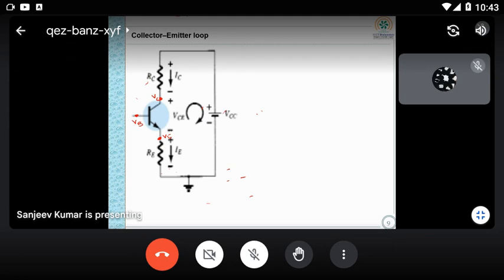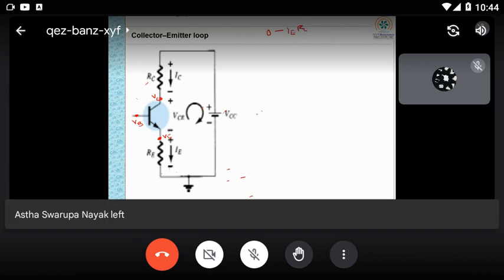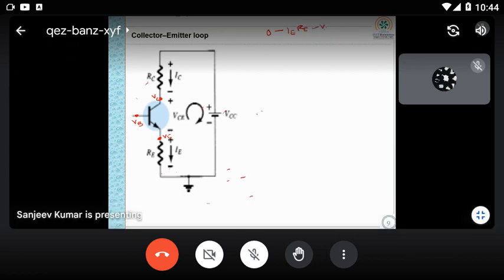If you take it from this approach also, the current direction is given like this. So whatever you told, same thing. If I'm applying from this point, this is ground, so ground voltage is 0. Then I can write IE RE minus VCE minus IC RC plus VCC is equal to 0.